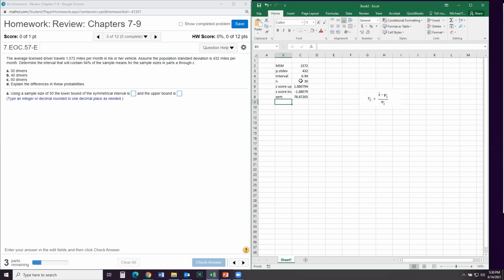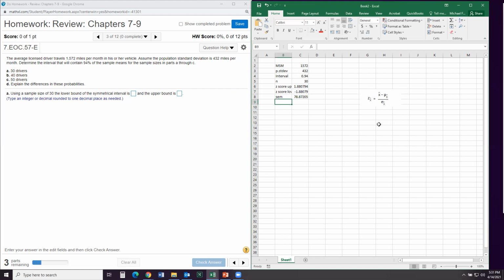So if I want to solve for x bar, if I think of this like an algebra formula, I'm going to have to recast this so that it is my z-score times my standard error of the mean, multiply both sides by that, and then plus my mean of the sample means.